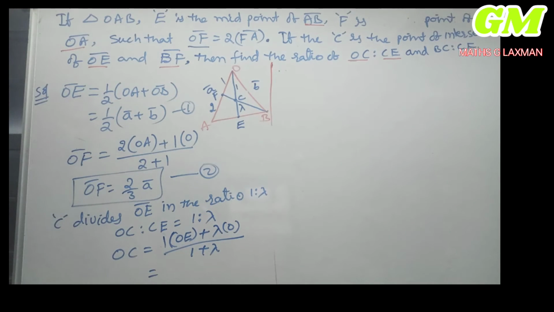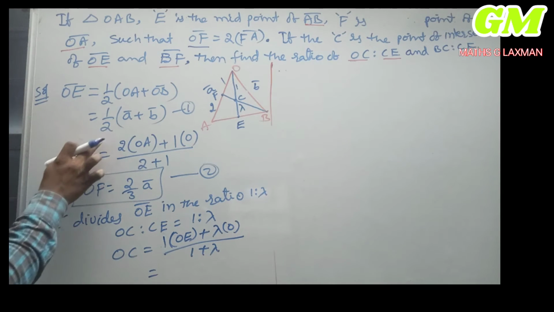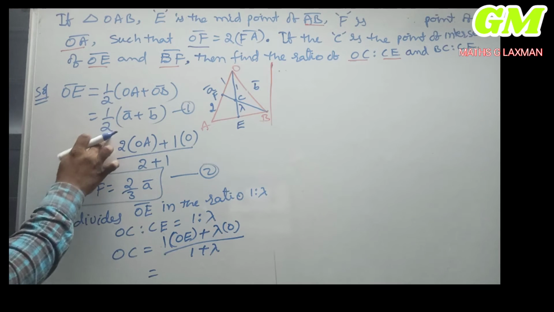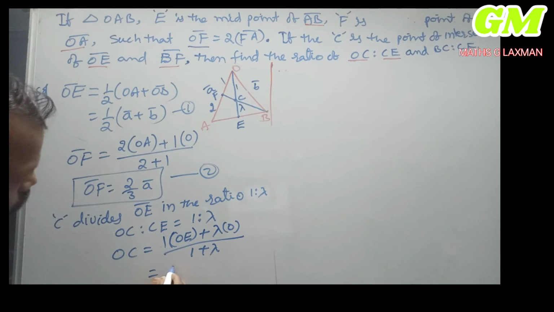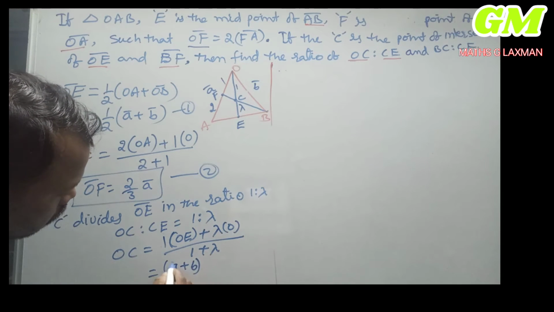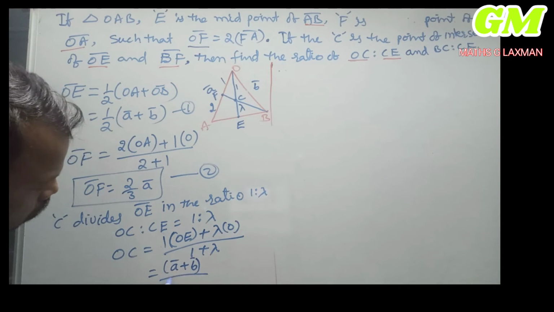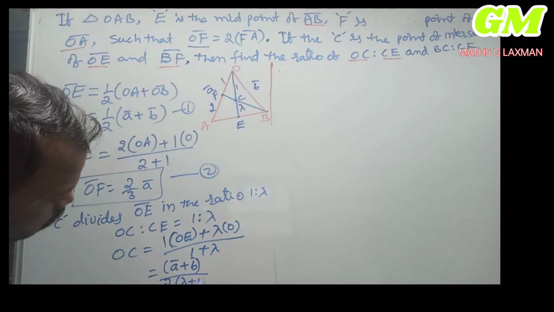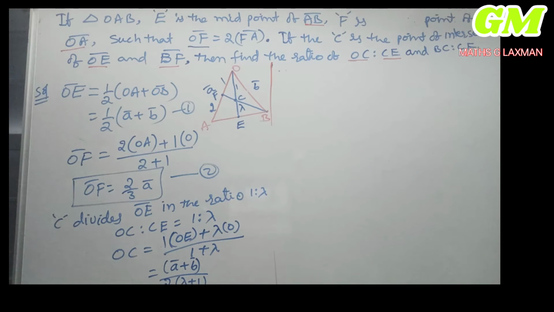So that is equal to, what will we get for OE? So what is OE here? OE is 1 by 2 times of A plus B, divided by 2 times of lambda plus 1, or 1 plus lambda. So this will become 0.